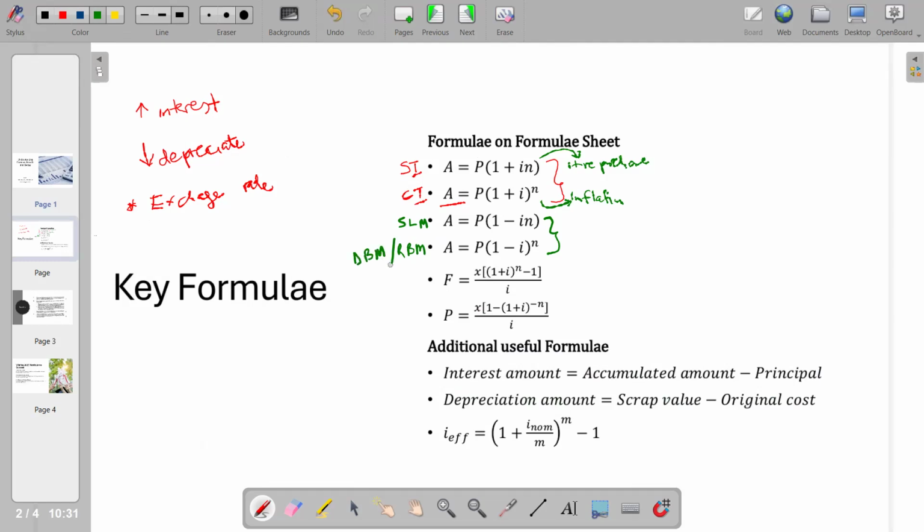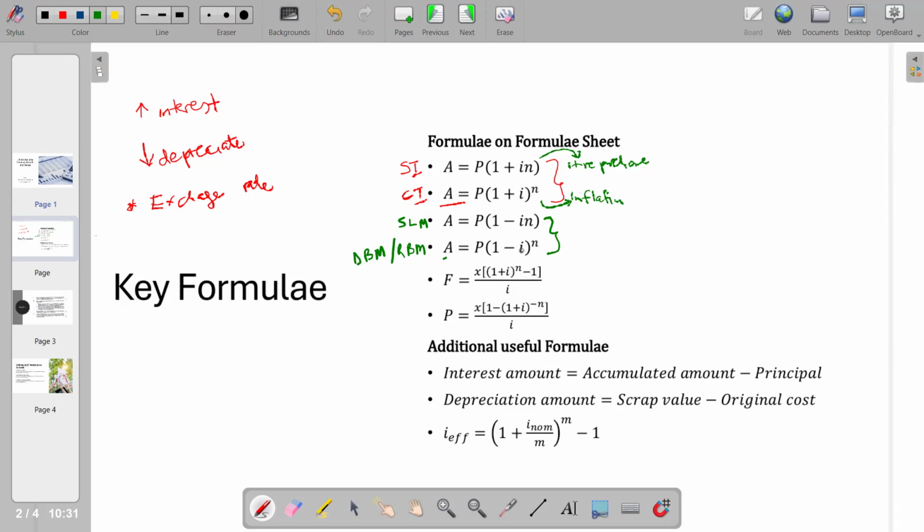Diminishing balance method. The variables in this formula and this formula are the same. The A in these formulas represents the scrap value, or the residual value, or the net book value. P represents the initial cost of the asset, the initial investment.